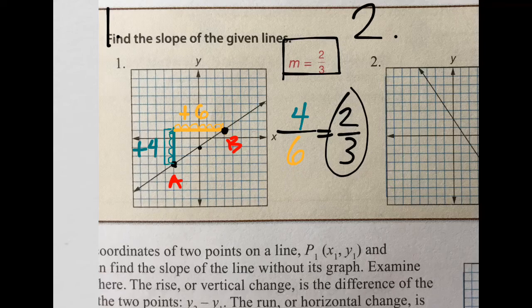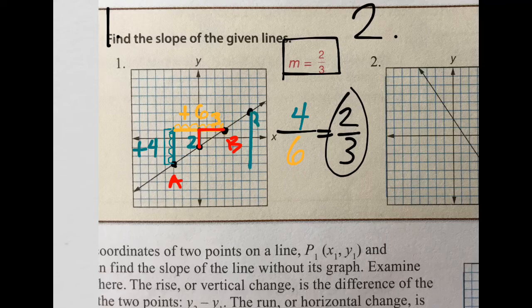Now, you might have picked this point right here instead of all of this, and that would have made it where you have 2/3 already. You just have this little section right here in red. Okay, same slope. Now, could you count these down this way? You sure could. Let's say you picked this point here. I could come down.